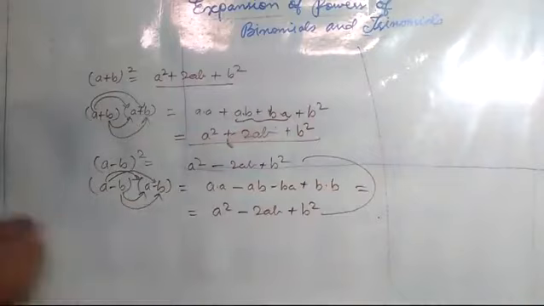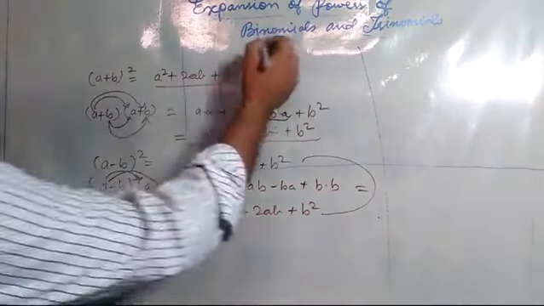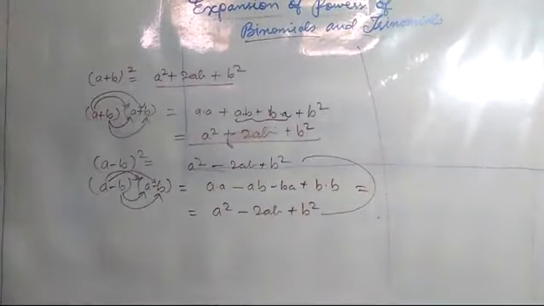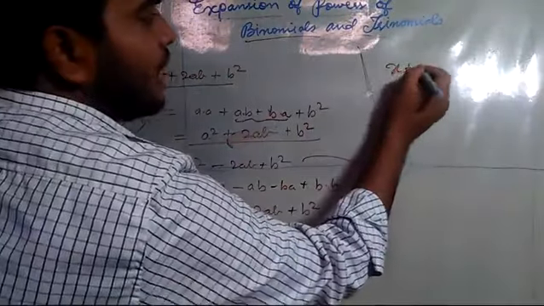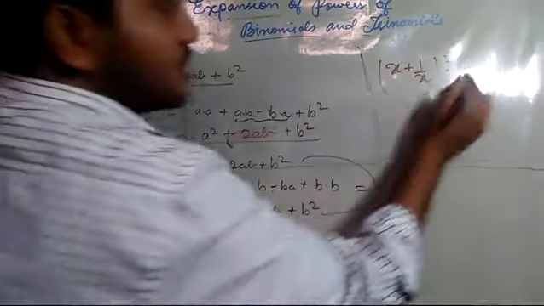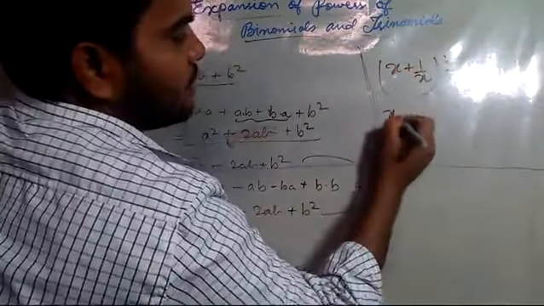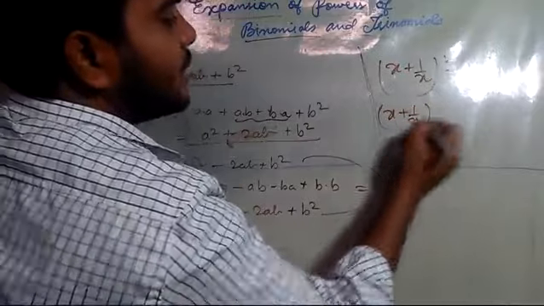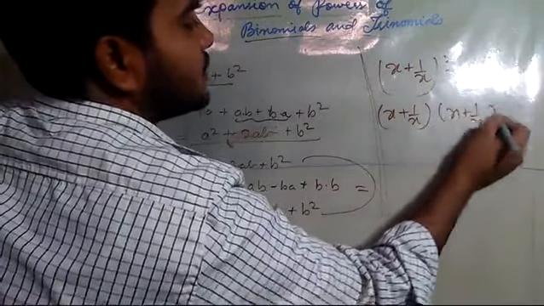Now in the same way, if you have other terms like, right now I am talking about binomials only. In the next upcoming lectures, I will be discussing trinomials. Now the next one you may see like x plus 1 by x expansion. So the first term means, if you understand, x plus 1 by x multiplied with x plus 1 by x, correct?